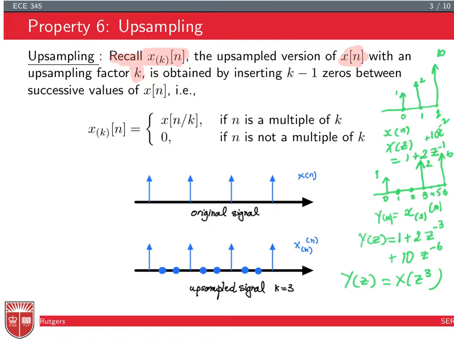To see why this is true, you can check that whatever power of z that was negative 1 became negative 3, and whatever was at negative 2 became the same impulse, but at z to the negative 6. So I'm always multiplying by 3, and this is how I get the formula. In the next slide, I will give the general formula here.